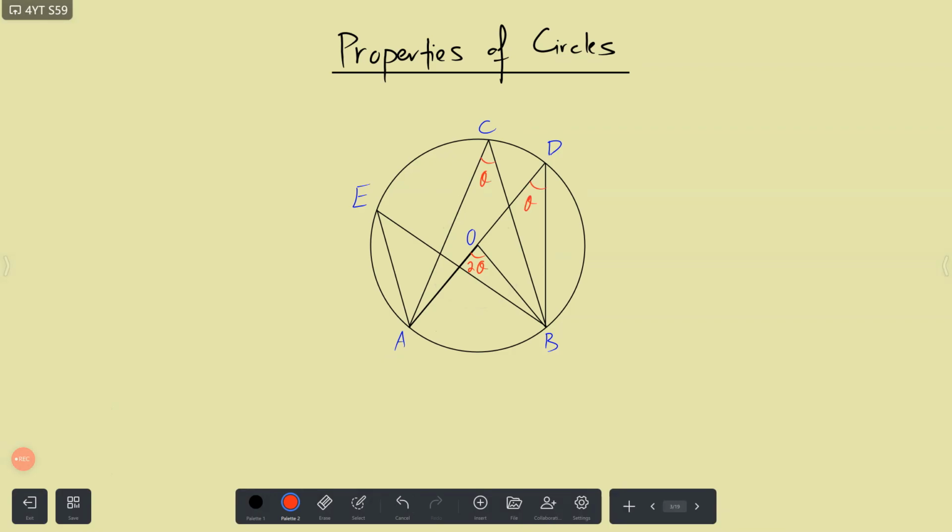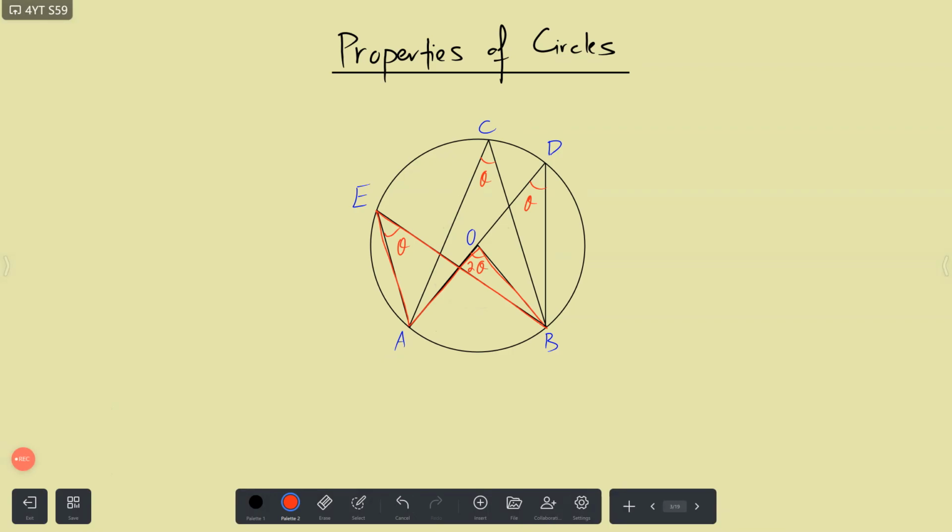And so angle AEB, again we can try, starts at A, goes to E on the circumference, ends at point B. And by now you can guess, you can see that they both have the same starting and ending point. Therefore, this angle is also theta, half of the angle at the center. Or you can look at it the other way around, because the angle AEB is theta, so the angle at the center must be double of it.